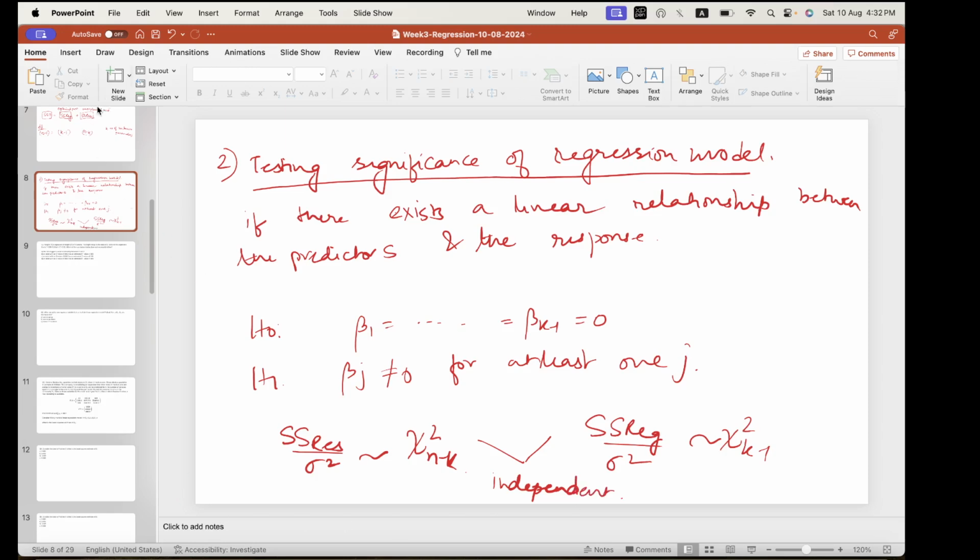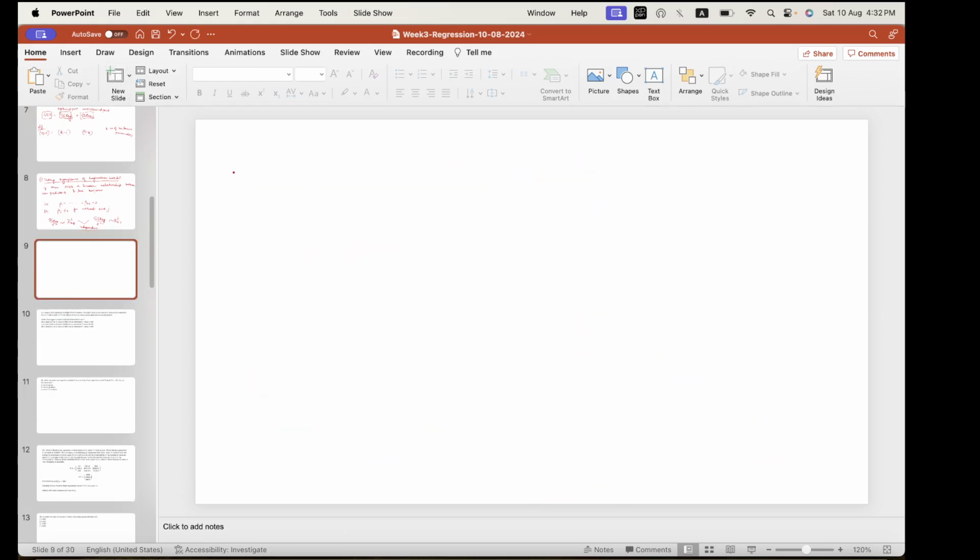So by definition of an F statistic, we can write it as F equal to SS residual by sigma square by n minus k, by SS regression by sigma square k minus 1.